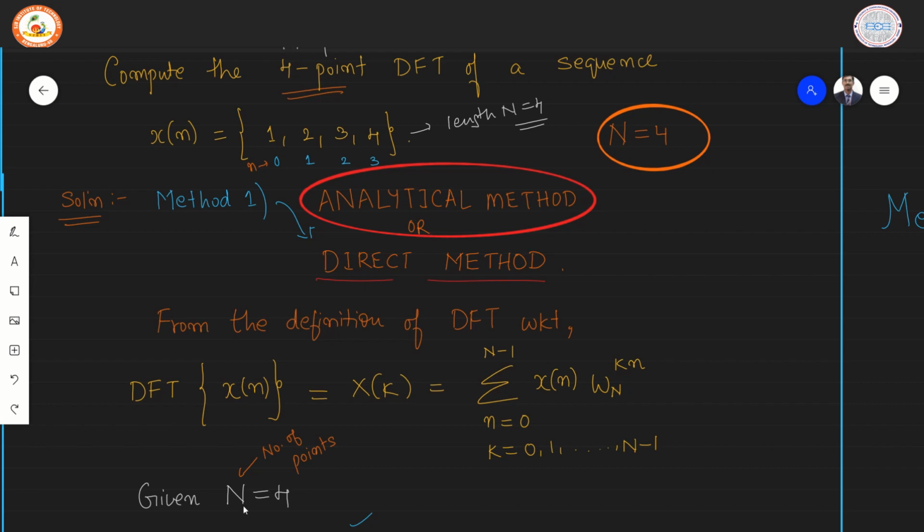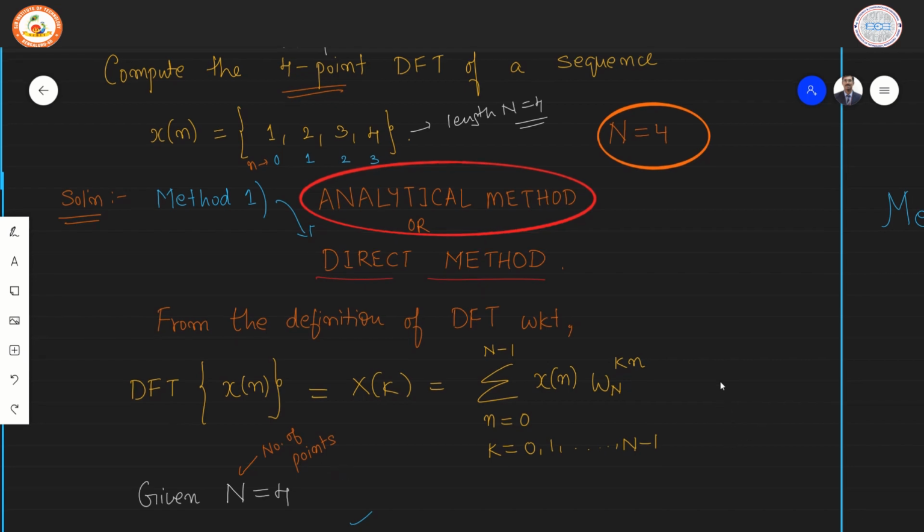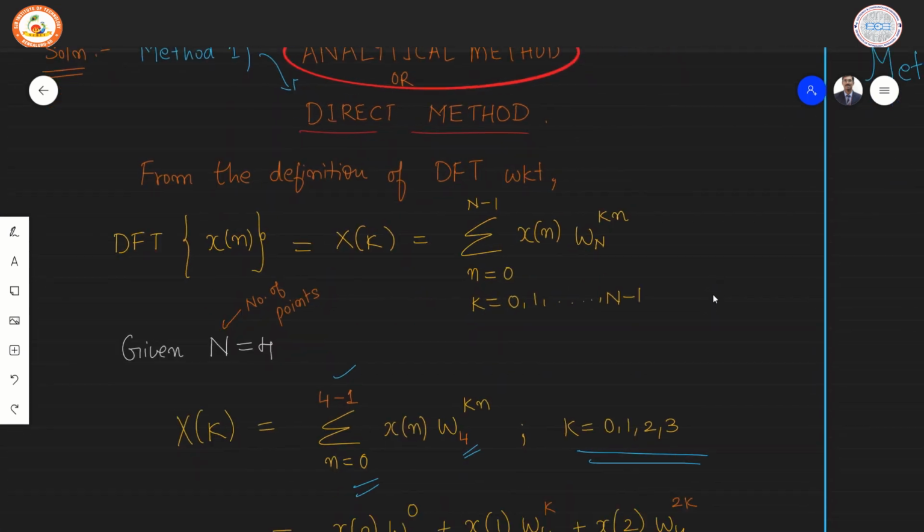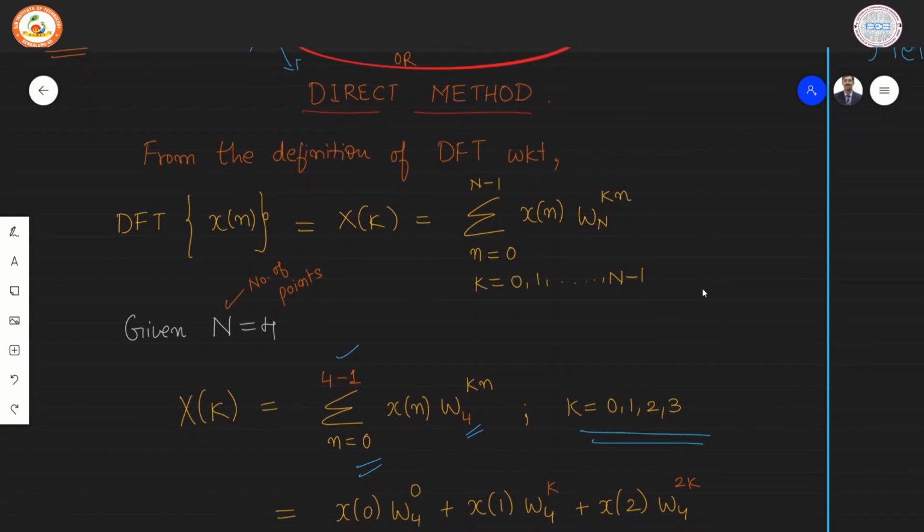Since the problem explicitly provides you with the value of N which is equal to 4, and in the absence of that information we said it is based on the number of points of the input, the above equation can be modified slightly by inserting the value of capital N, which is equal to 4.